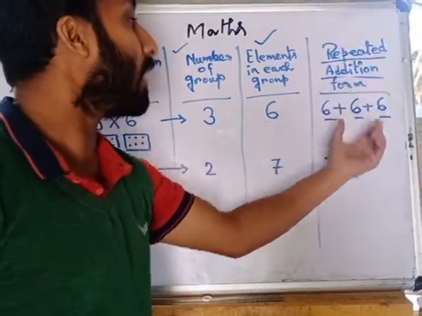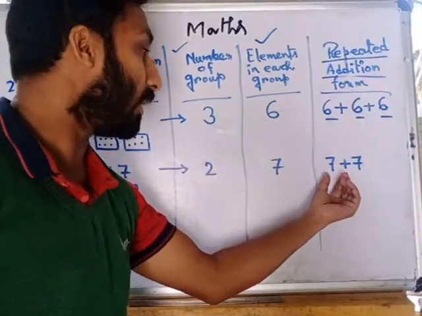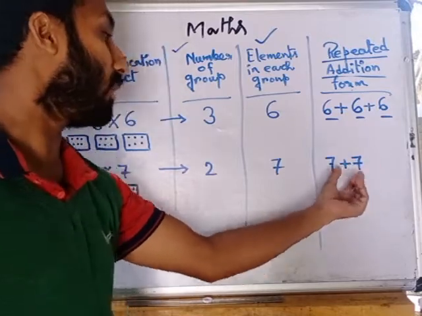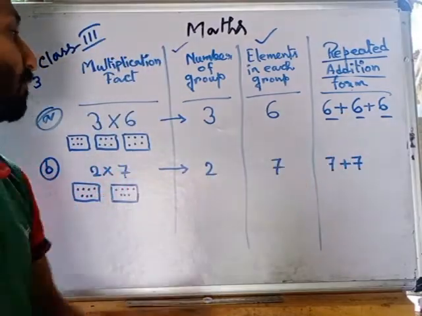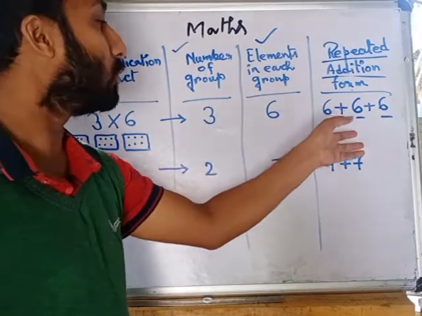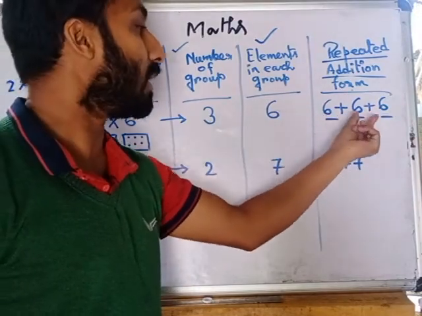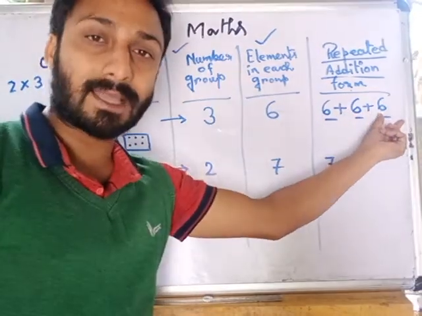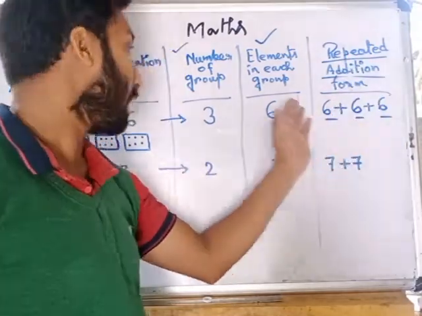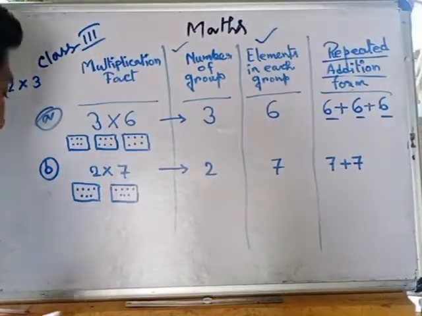In the repeated addition form, we should write here 7 plus 7, because 7 is in 2 times. If 6 is in 3 times, we should write 6 plus 6 plus 6. That is the repeated addition form, and that is the multiplication fact.